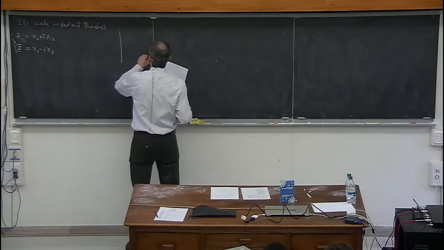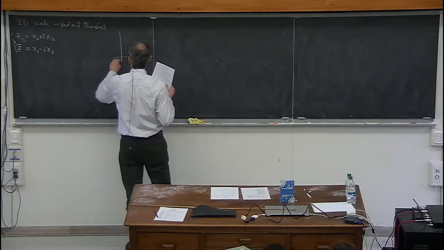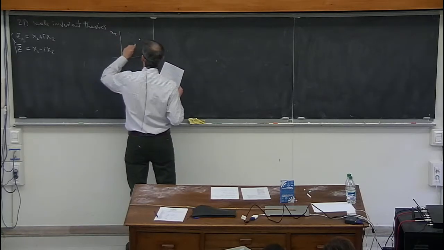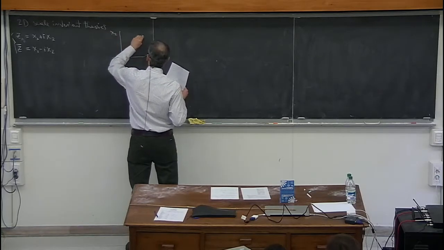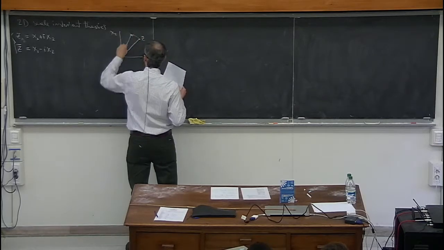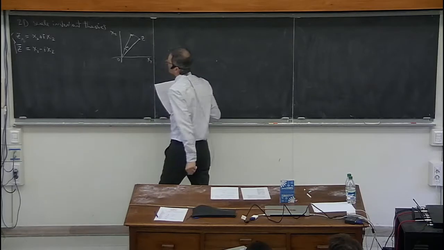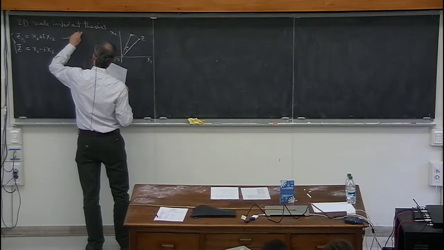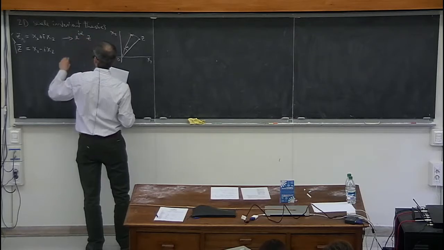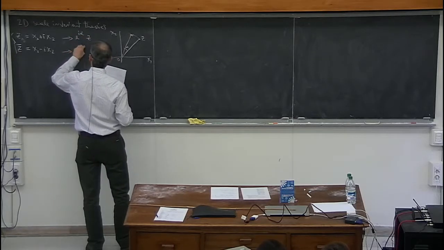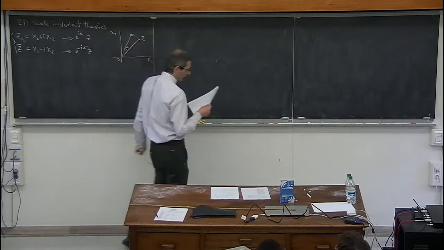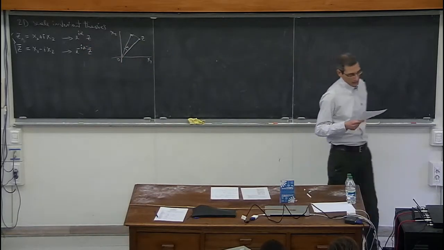This makes rotations easy, in particular. So if this is z, I do a rotation by an angle alpha. This takes z into e to the i alpha z, and z bar into e to the minus i alpha z bar.